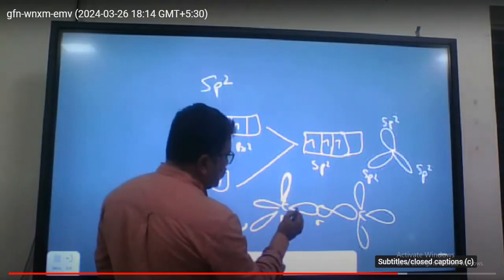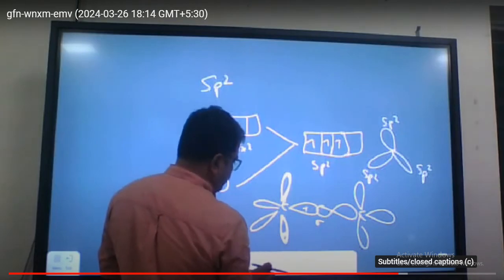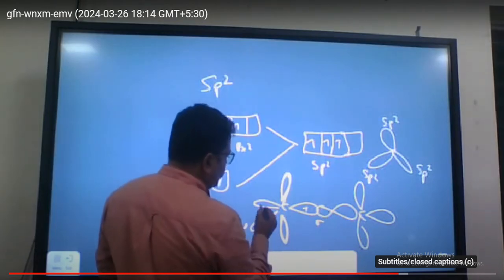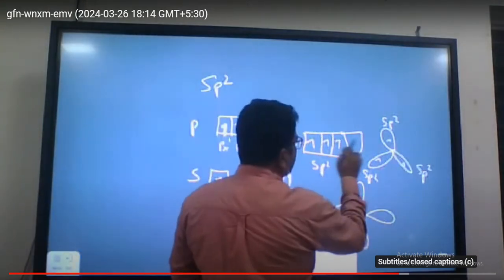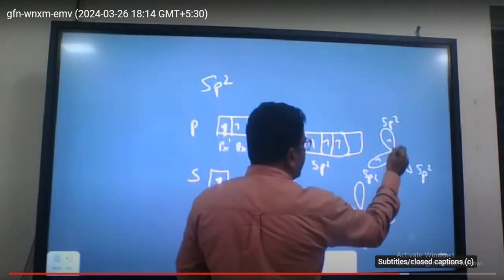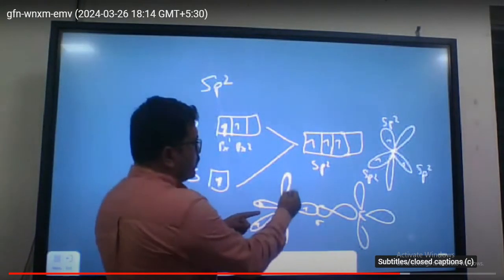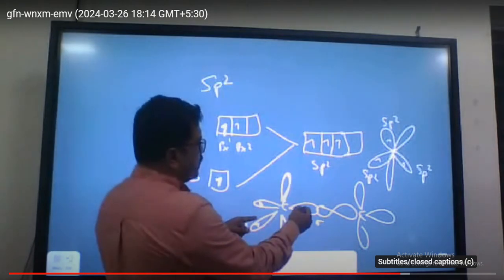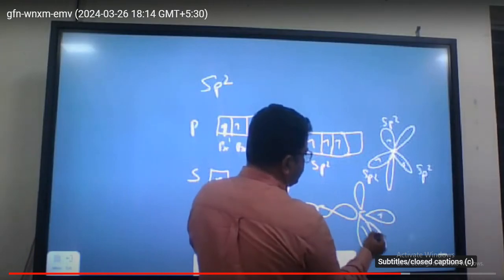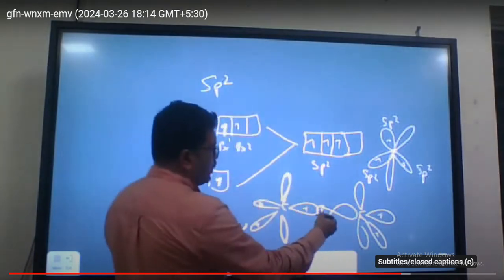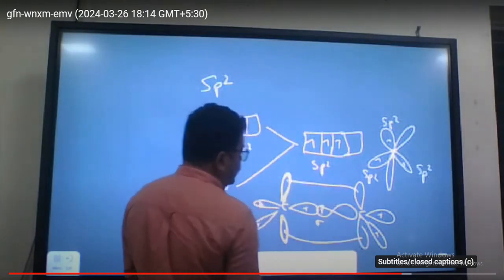Say these are electrons, this one, 1 2 3, 1 2 3, and the remaining orbital remains empty. One more carbon, remaining empty and remaining 3. This is a sigma bond, but the side way overlap of the empty p orbitals.